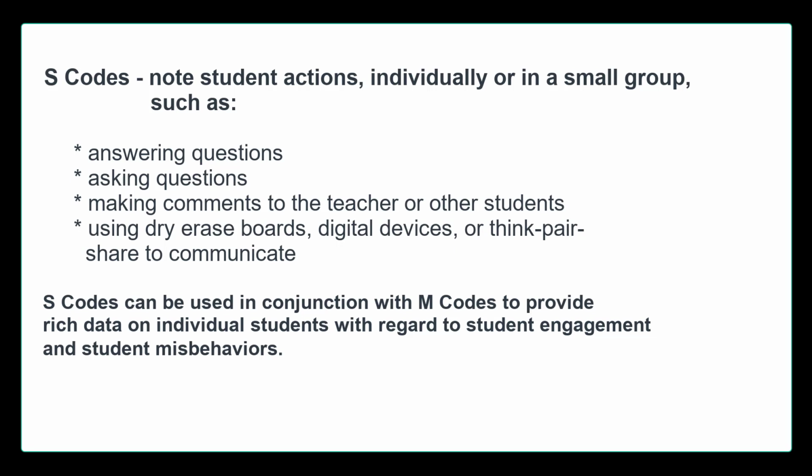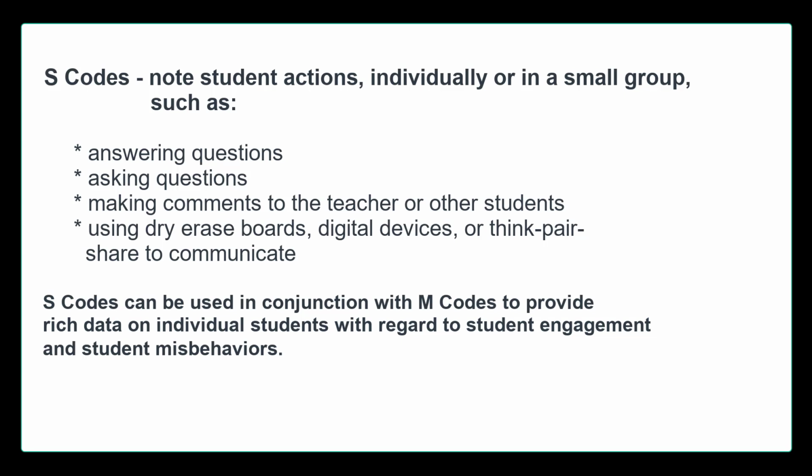Now, the S codes are student engagement codes that note student actions either individually or in a small group, such as when students answer questions or ask questions, or make comments to the teacher or other students, or in whole group settings where they might use dry erase boards to respond, or digital devices such as phones or computers or laptops to respond, or they might be engaged in a think, pair, share exercise to communicate with each other.